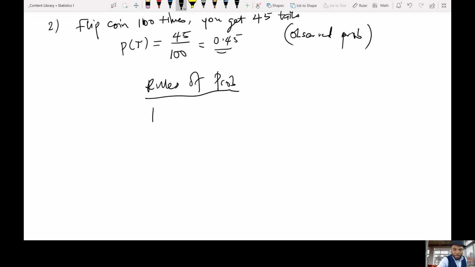So the probability of an event A is less than or equal to 1 and greater than or equal to 0. You cannot have a negative probability and you cannot have a probability more than 1. If you compute a value more than 1, it means you're doing something wrong, and you need to stop and verify.